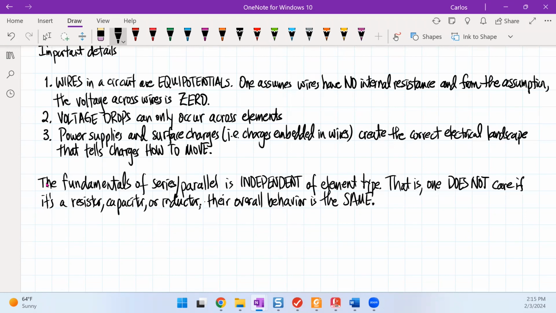So in other words, resistance and inductors have a direct proportionality to length. Capacitors has a direct proportionality to area.